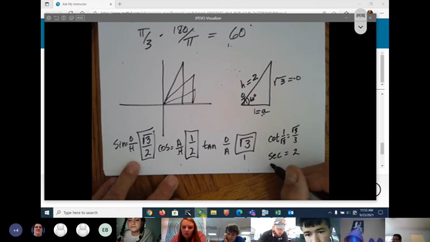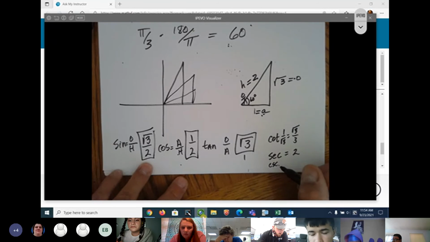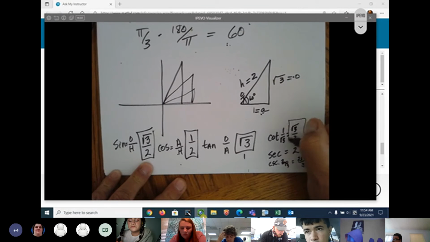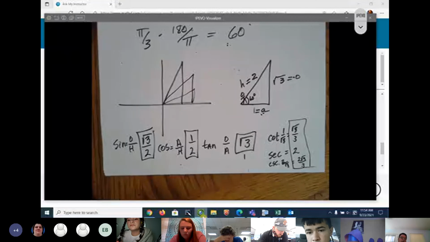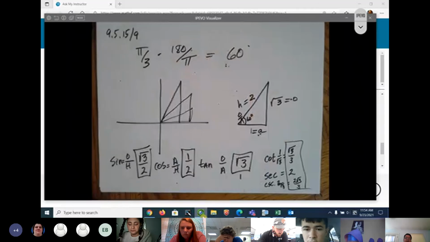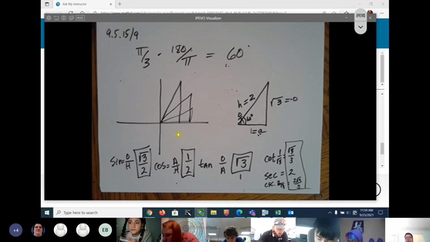And then the cosecant is equal to 2 over the square root of 3, which is equal to 2 square root of 3 over 3. So there's those other 3. Now that is a test question. That is the type of question I would give you out of 9.5. And I might give you one over here or over here or over here, but it will be related to the unit circle.